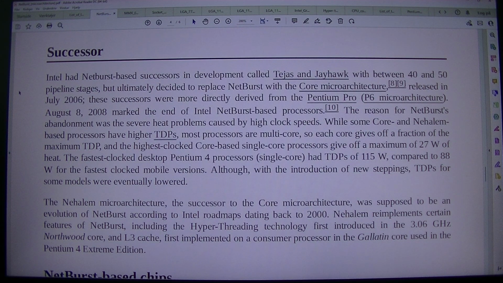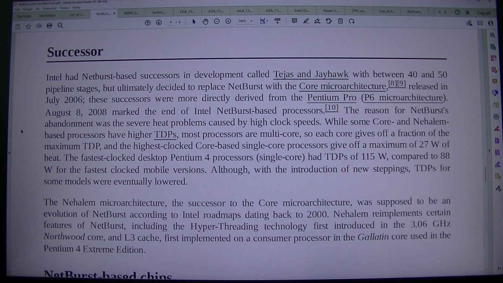The reason for NetBurst's abandonment was the severe heat problems caused by high clock speeds. While some Core and Nehalem-based processors have higher TDPs, most processors are multi-core, so each core gives off a fraction of the maximum TDP, and the highest clocked Core-based single-core processors give off a maximum of 27 W of heat.